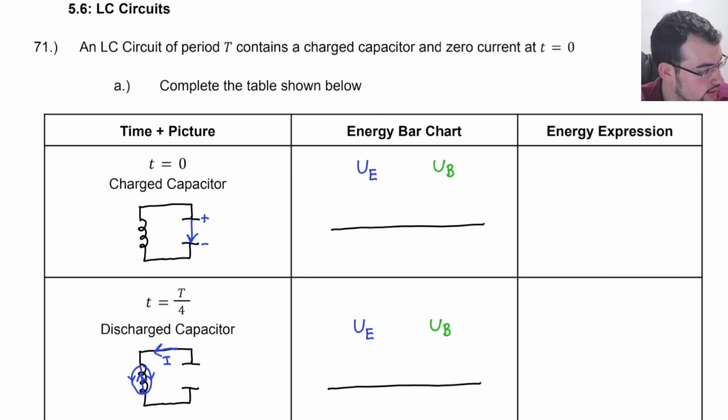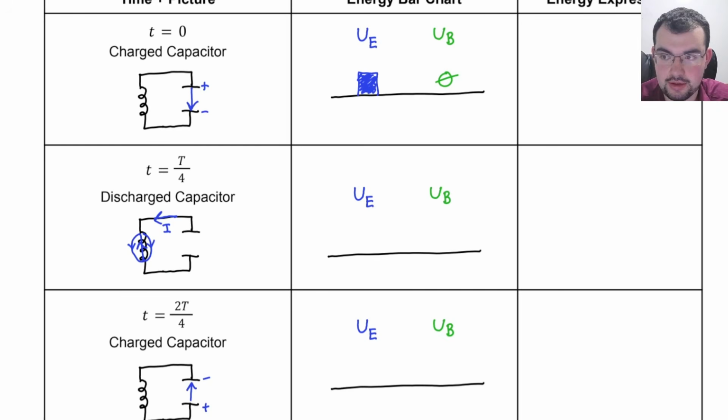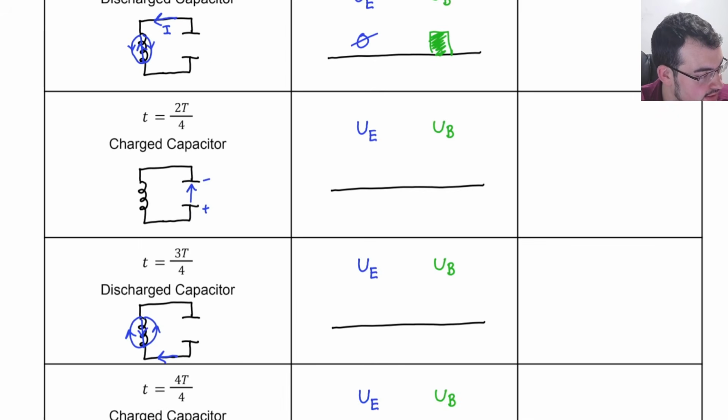Okay. All right, so at this time, all of my energy will be stored in the capacitor. So I have all my energy in the electric field of the capacitor, no energy stored in the magnetic field of the inductor. Now we have traded. I have no energy stored in my capacitor's electric field, but all of the energy has gone to the inductor in its magnetic field.